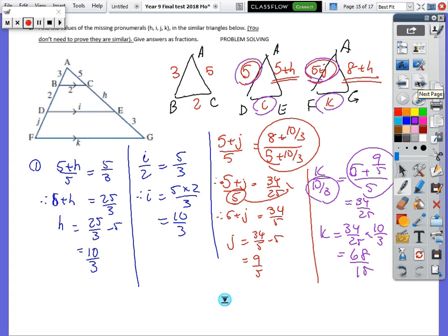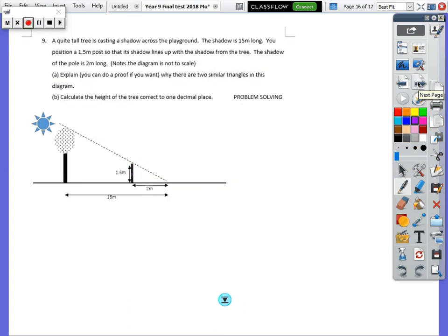Okay, next. Rightio. So we've got similar triangles. So we had to assume that there are right angles there, a common angle, and that equals that. So that's why they're similar triangles. They're similar because of AAA.